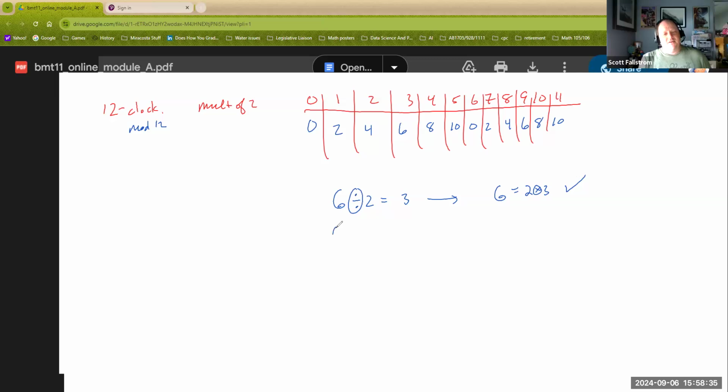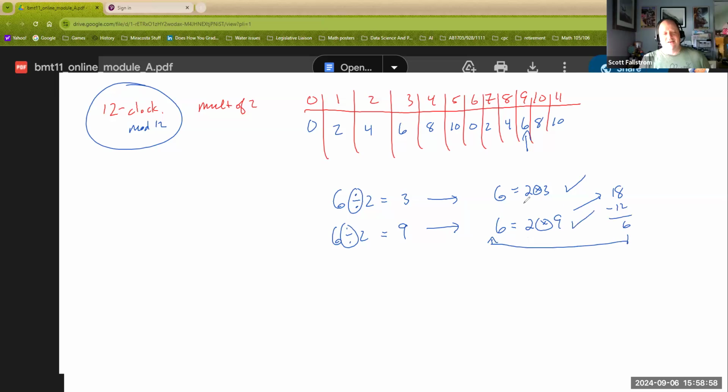But 6 divided by 2 might also be something else. Notice the number 6 showing up here. It could also be the number 9. Let's check it. Is 6 equal to 2 times 9? Well, 2 times 9, that's 18. We are in a 12 clock, working mod 12, so we take off a group of 12. It leaves us with 6, and that checks out as well.